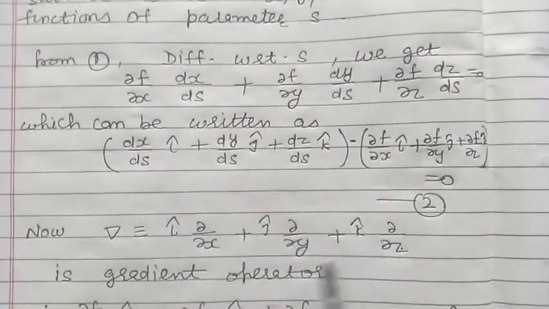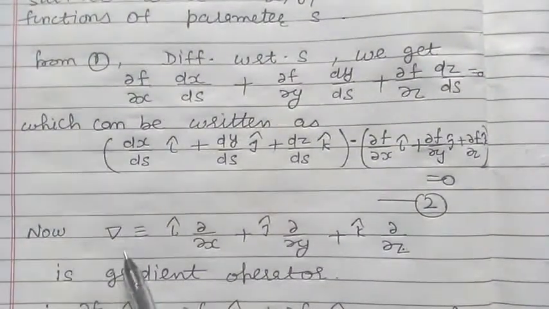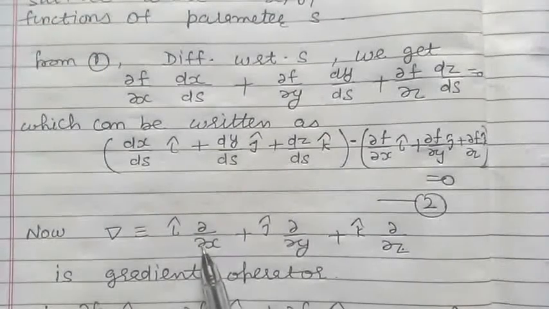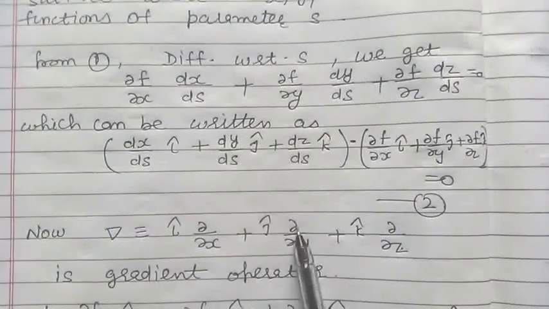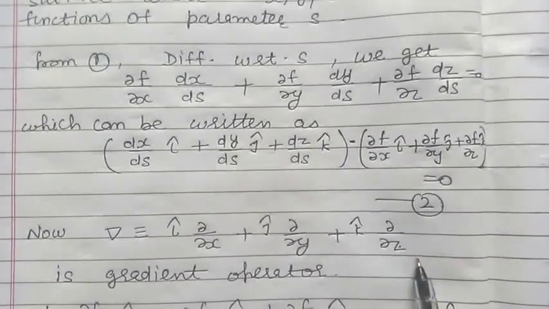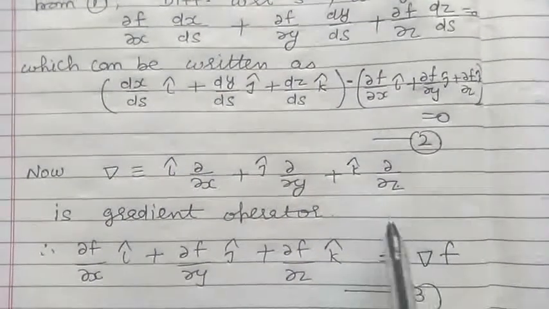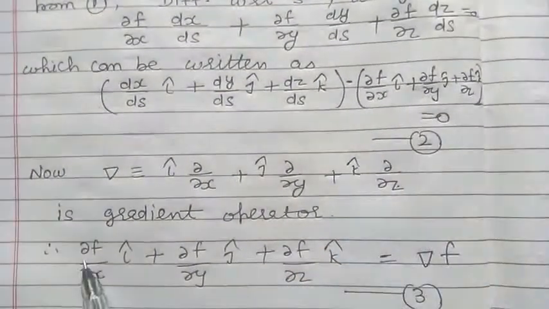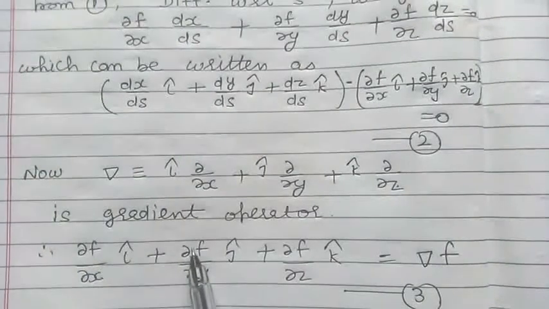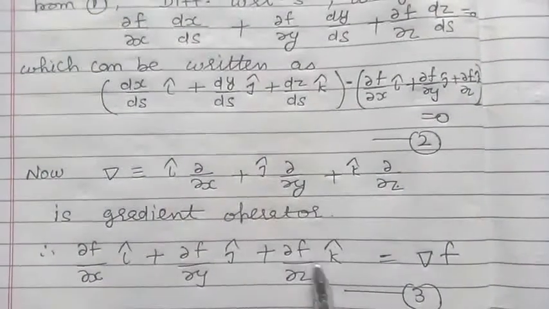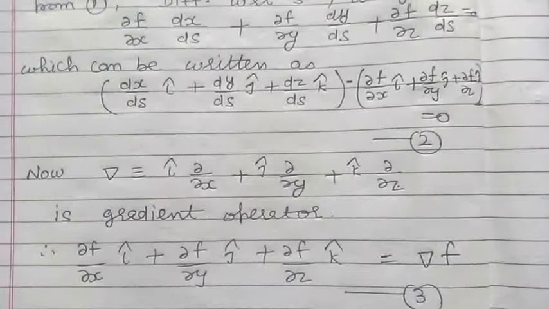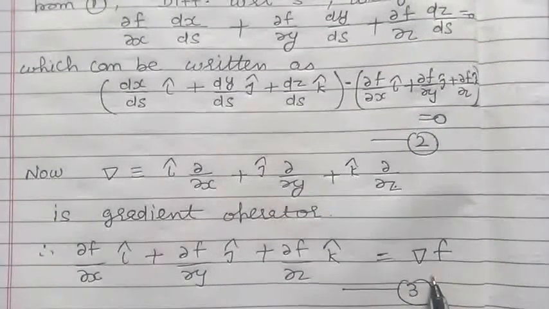As you already studied, the gradient operator is defined as i cap ∂/∂x plus j cap ∂/∂y plus k cap ∂/∂z. This is the gradient operator. So the expression ∂f/∂x i cap plus ∂f/∂y j cap plus ∂f/∂z k cap denotes the gradient of f.